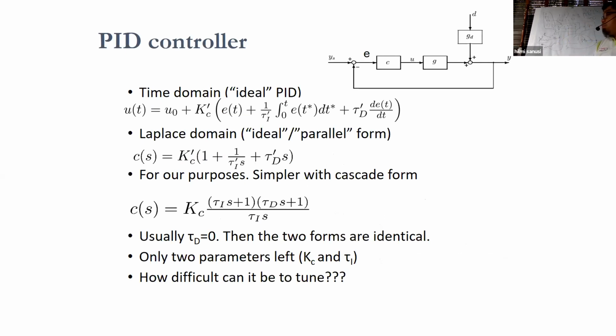So kalau kita tengok, kita boleh ambil, kita boleh bahagikan semua dengan KD. So S square KP over KD plus KI over KD. Same thing. KD, so we have this KC, which is this thing.